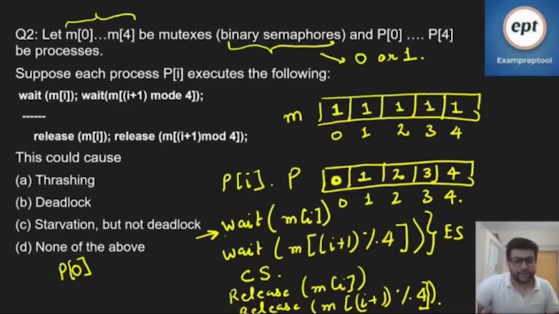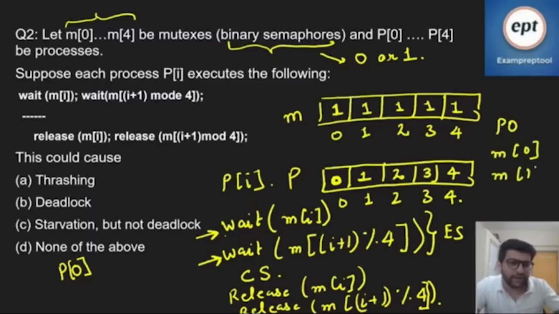Now, the second statement after this wait Mi command is wait M(i+1) mod 4. For process P0, it was first waiting for M0 and then it is waiting for M1.